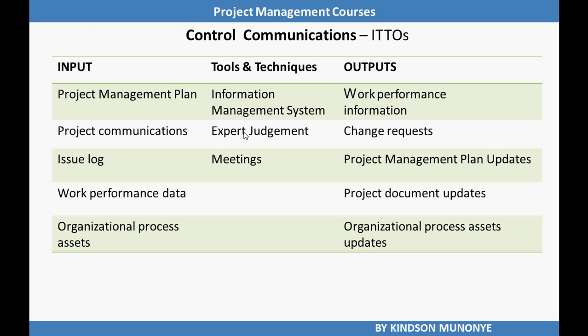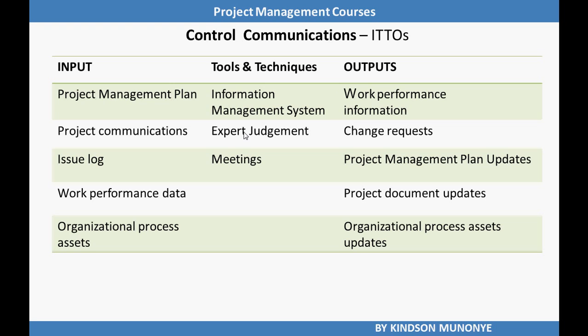Remember, the project communications is the output of the manage communications process, and the project management plan contains the communications management plan, which is the output of the plan communications management process. We also have the issue log as an input, work performance data, and organizational process assets.